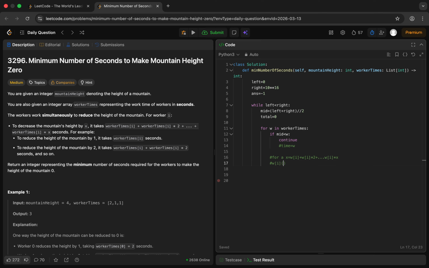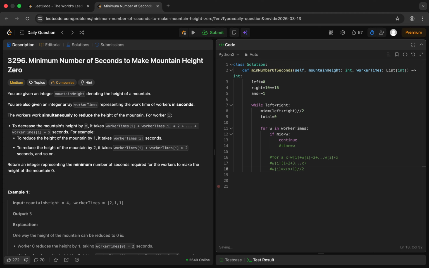This can be written by taking workerTimes[i] common as 1 plus 2 plus 3 and so on till x. So this comes to the formula w[i] into the sum of n natural numbers, which is n into n plus 1 by 2. Similarly, x into x plus 1 divided by 2.